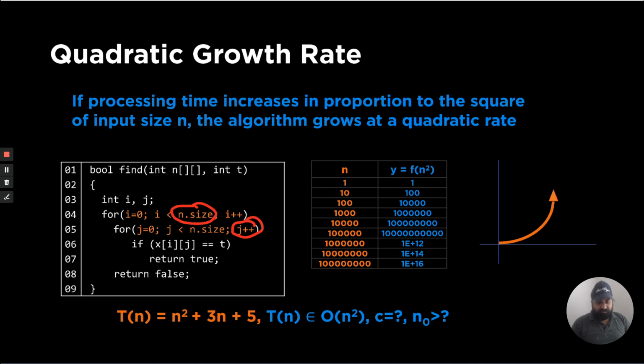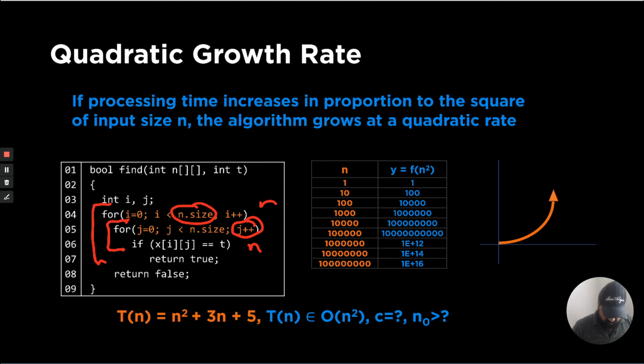If you see two for loops, don't just jump to the conclusion that this is n squared. That's not the case. You have to analyze it by seeing what is the complexity of the inner loop first and then going outward. In this case, this is a very easy example because it's running from 0 to n. So the inner loop will run n times and the outer loop will also run n times.